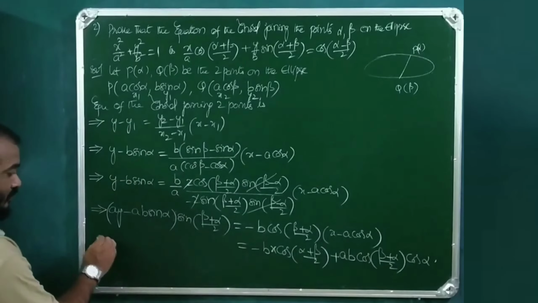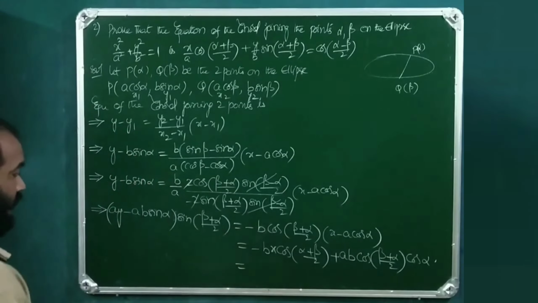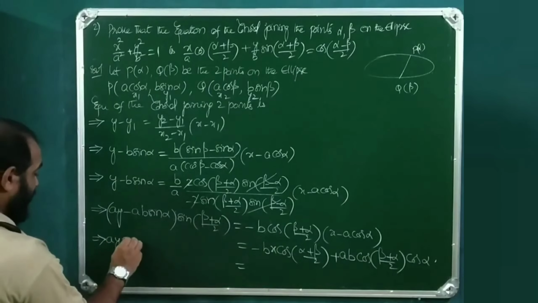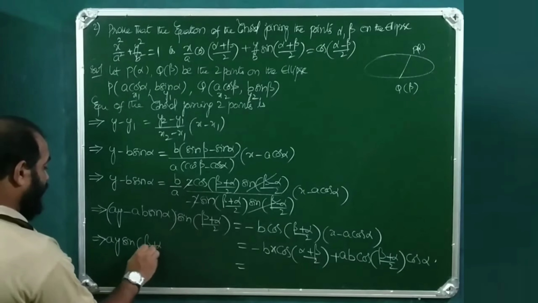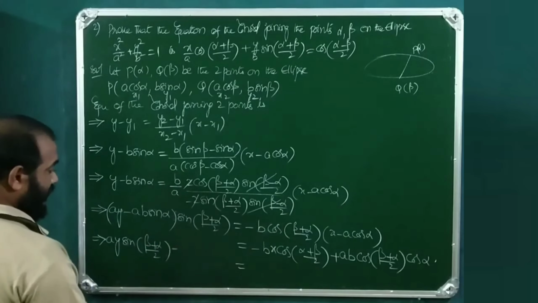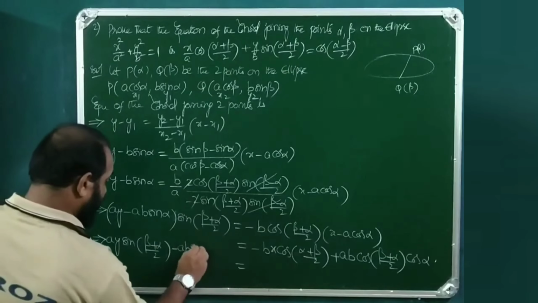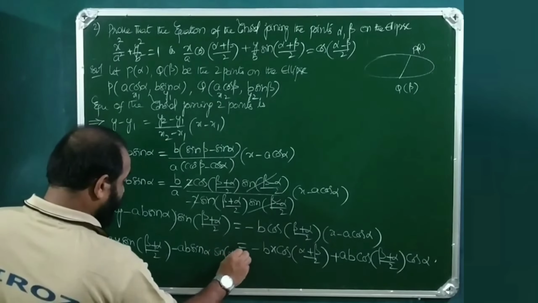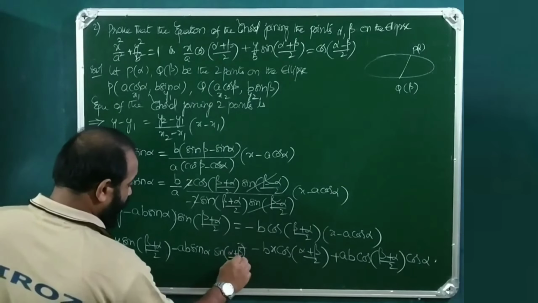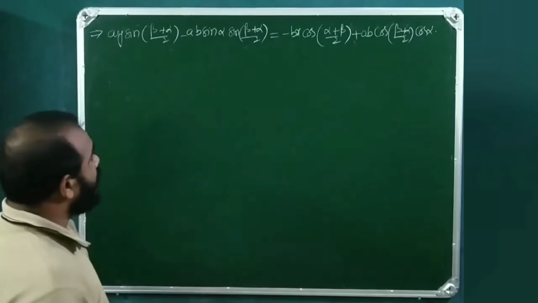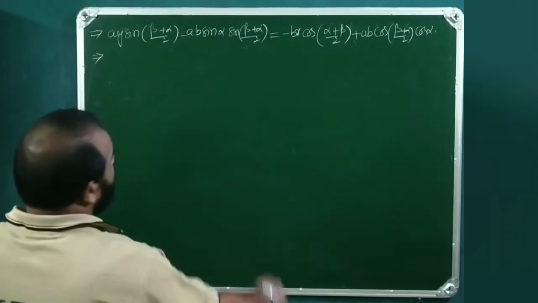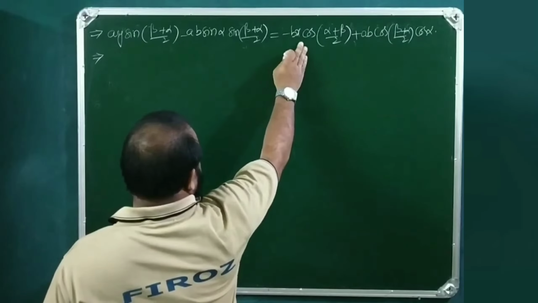This is equal to ay sin (beta plus alpha) by 2 minus ab sin alpha into sin (alpha plus beta) by 2. This is equal to this. This is what we have got in the previous step. Now you bring this onto RHS.